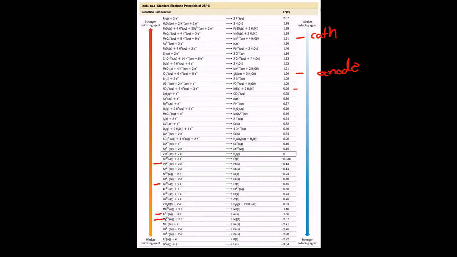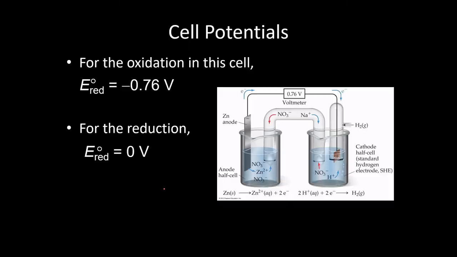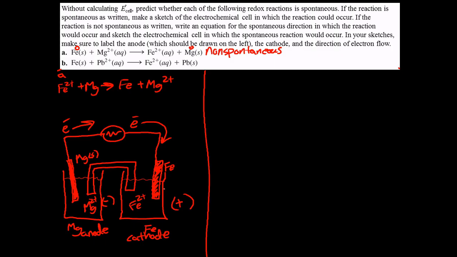And the iron was still written to be the anode in that chemical reaction. So because the anode is now lower than the cathode, this is indeed the spontaneous direction for this reaction. And so we can just sketch this as it's written there.